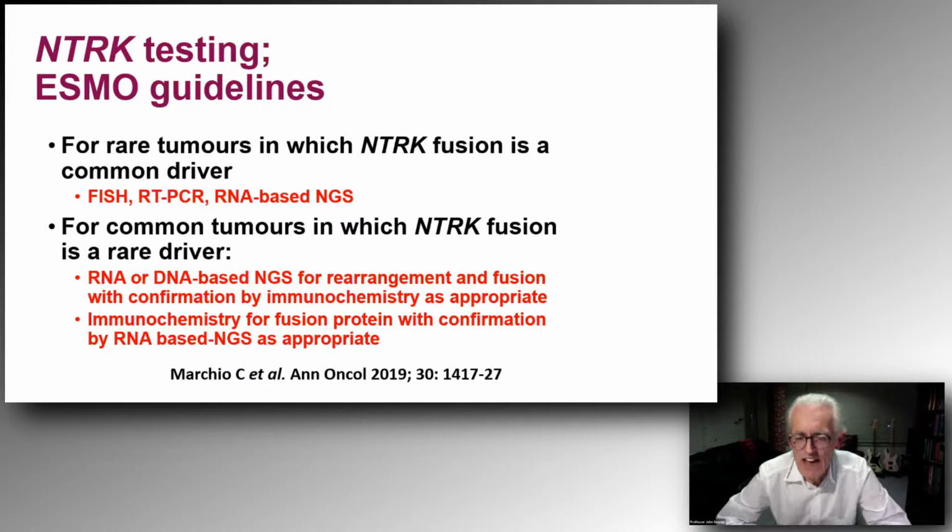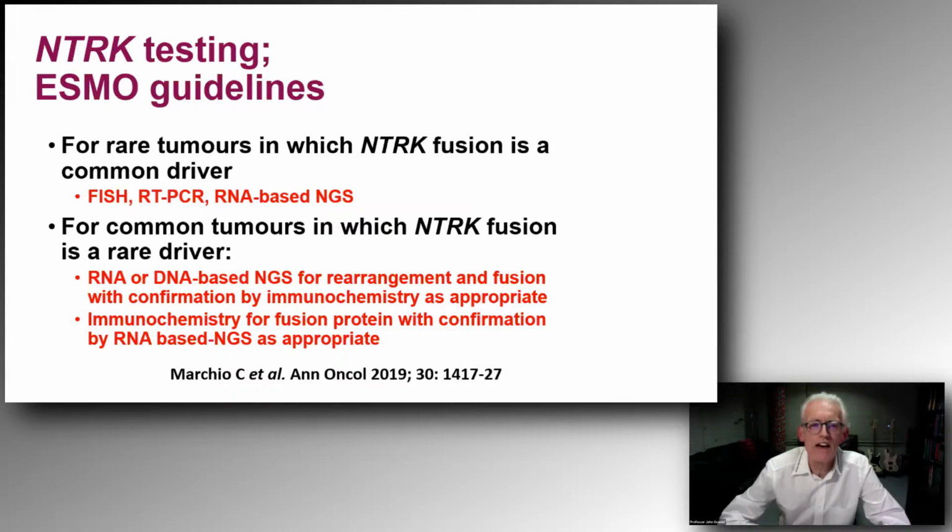If you've got one of the rare tumors in which you strongly expect that NTRK fusion is driving it, the congenital mesoblastic nephroma, fibrosarcoma, the secretory carcinomas, and so on, then you're almost really confirming what you're pretty sure is happening anyway. So FISH is a very good bet here. It's a labor-intensive test, but you can do it quite quickly if you do it only occasionally and it doesn't become a burden.